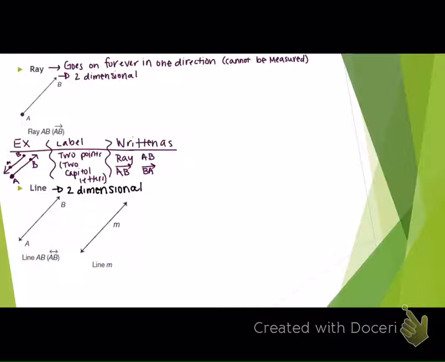A ray or a line cannot be measured because it goes on forever. So a line is never ending.